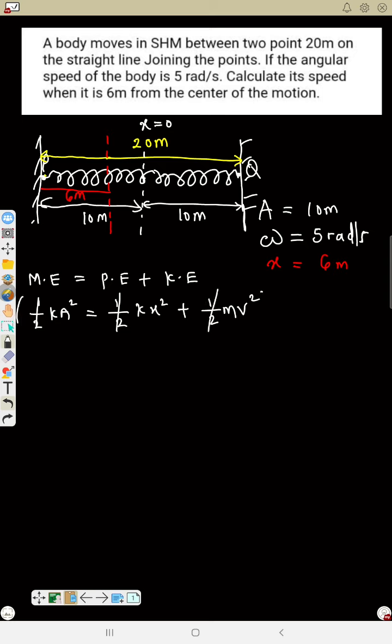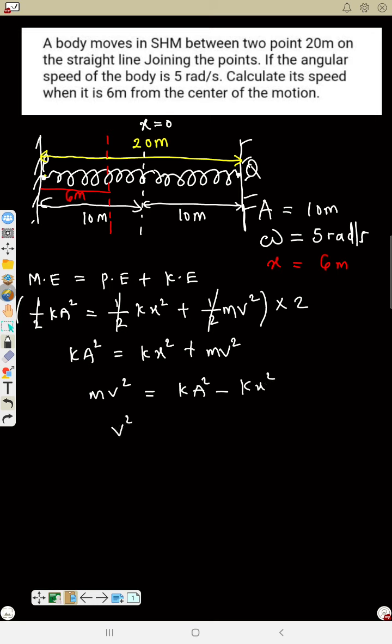If you multiply everything by 2 to remove the half, it will remain Ka squared equals Ks squared plus mv squared. So if we collect the like terms, mv squared will be equal to Ka squared minus Ks squared.